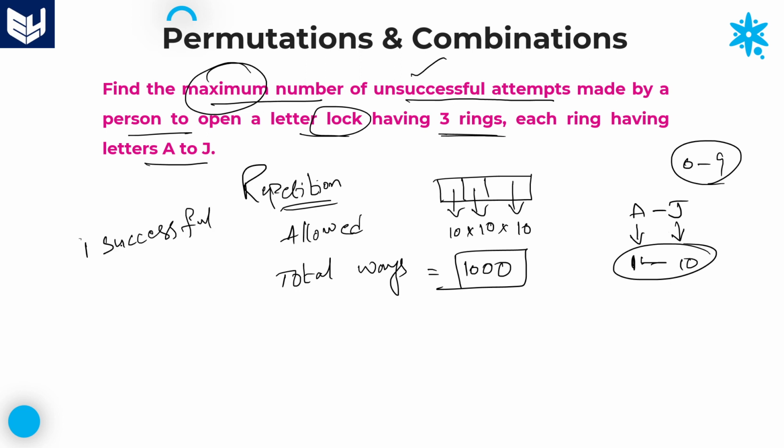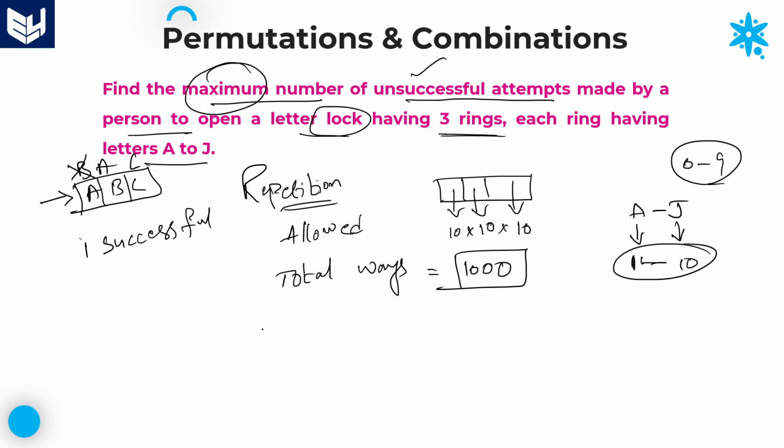Because suppose I keep the lock as ABC, you must type ABC in this order only. If you type BAC, it shows that is a wrong one. Always the successful attempt is only one.